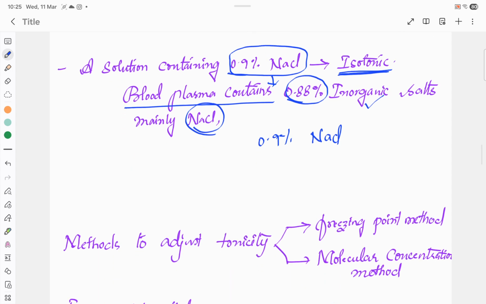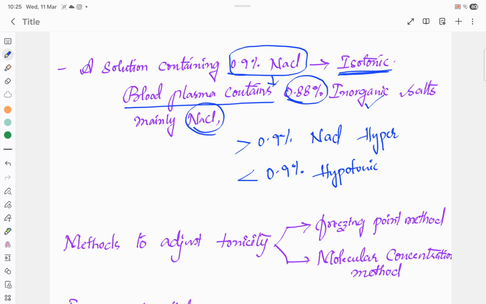So the solutions which consist of more than 0.9% of NaCl are called hypertonic, and if they consist of less than 0.9% of NaCl, then they are called hypotonic. Right? So you are clear about the hypertonic and hypotonic.